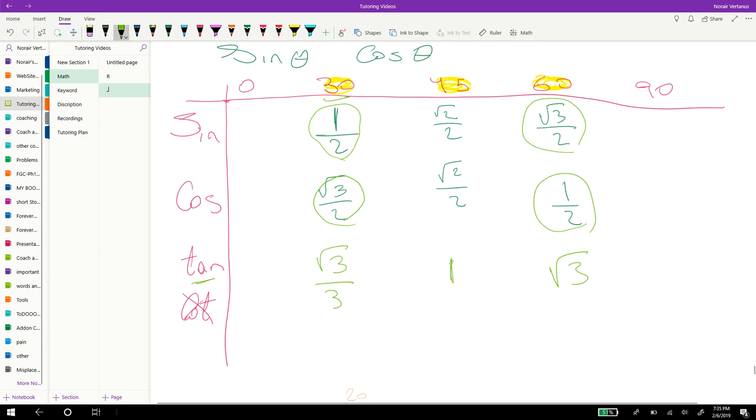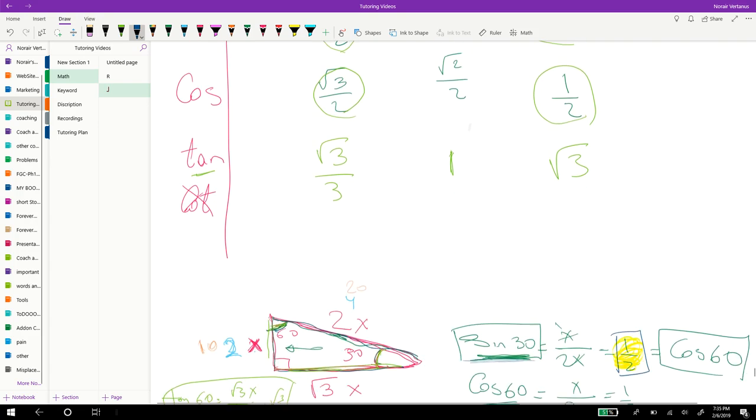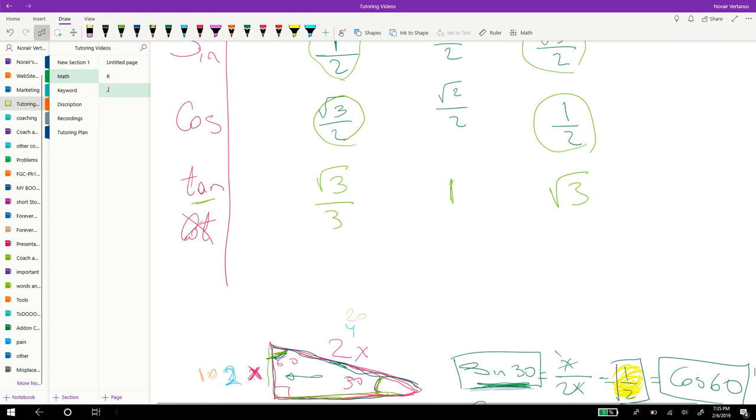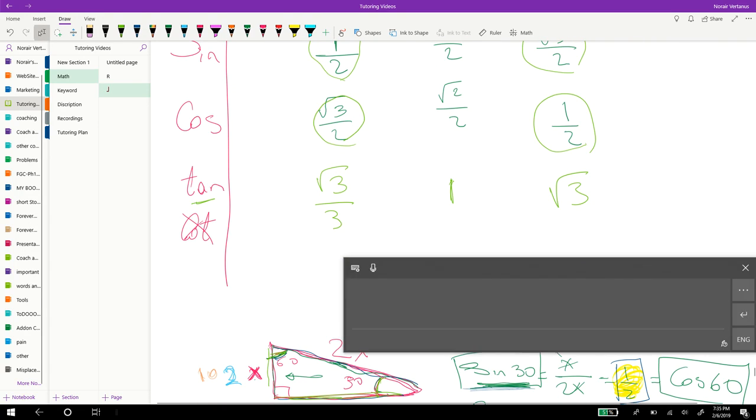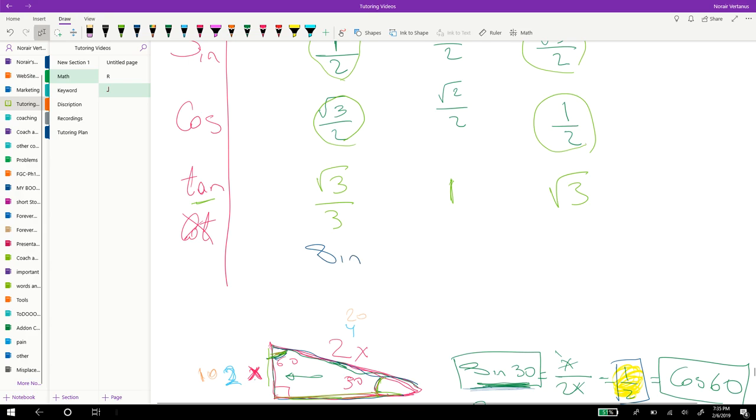Here, conclusions. From here, one of the conclusions we figured is that sine of 30 is equal to cosine of 60. Sine of 60 is equal to cosine of 30. Sine of 45 is equal to cosine of 45, the complement of that.